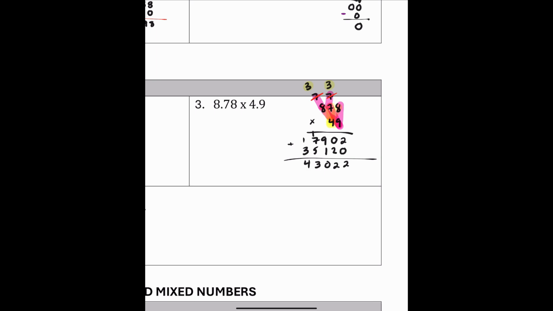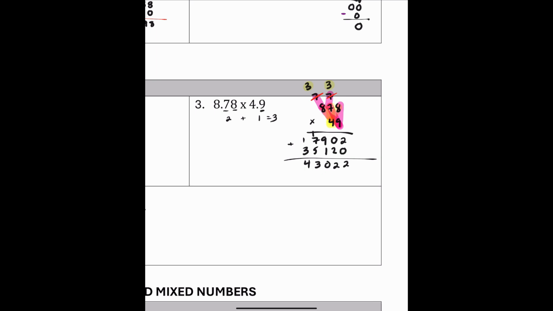All right? We notice there are 2 numbers after the decimal, right? So we're going to write 2, and there's 1 number after the decimal. So we're going to write 1. So we're going to add the total number of decimal places. So 2 plus 1 is 3. That is how many times I need to move the decimal to the left.